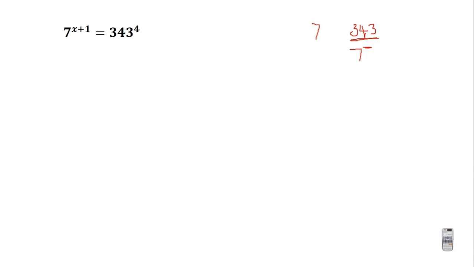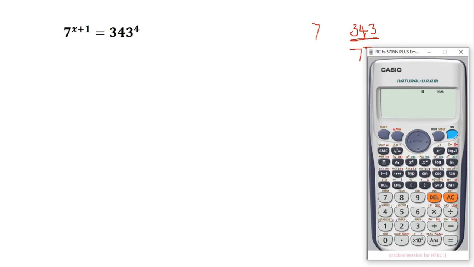To help us find that number, we are going to use our calculator. So you search on your calculator. We are looking for 7 exponent a number that will give us 343. So let's start with 2. We know that 7 exponent 1 will give us 7. So let's start with 2 and see. 7 exponent 2 will give us 49.